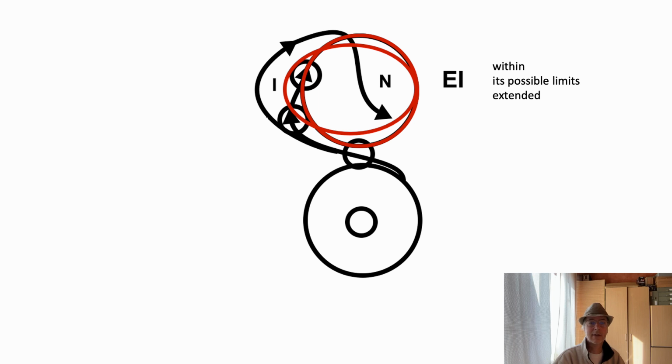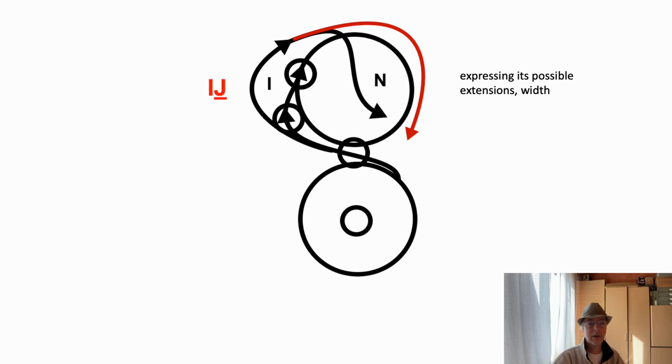So A is an extension outward. A is actually a word which also means egg, and this has the egg form, as you can see. The long A puts more emphasis on the G. You also write the G down, and it's more expressing all the possible extensions within limits in a certain width.